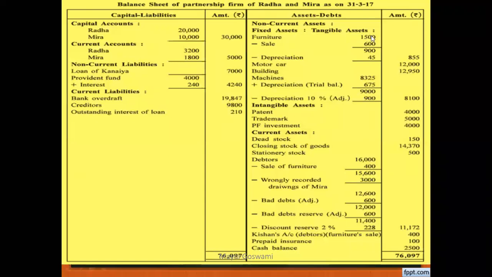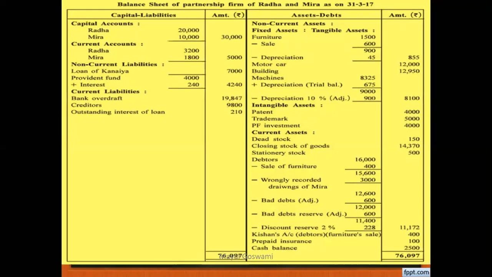So of this 600, if we put the rate of depreciation, which is given here 5%, and it is sold on 1/10, right? So from 1st April till 1/10, you have to calculate depreciation. Please calculate the depreciation. How much is it?